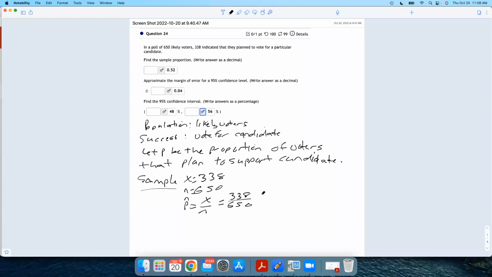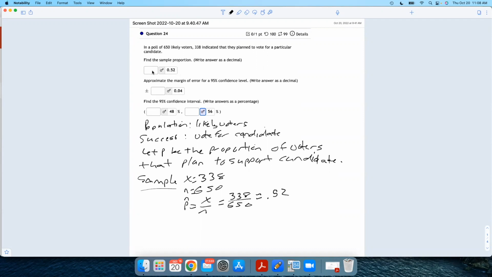So 52% of the sample said they would vote for him. So what's the real answer? What's P? That's what we're trying to find, P, the real proportion of the entire population that'll vote for him. Okay, so right there, that was the first question.